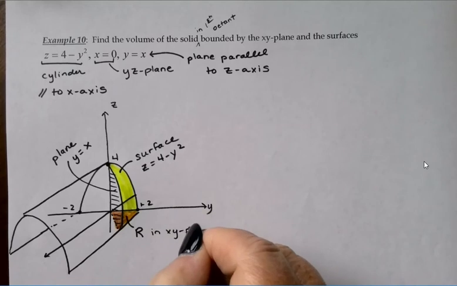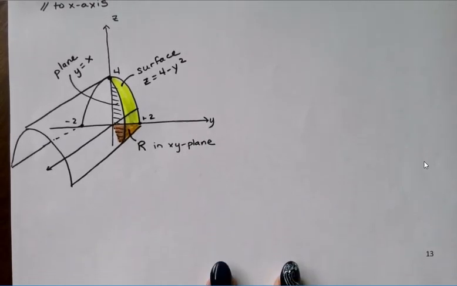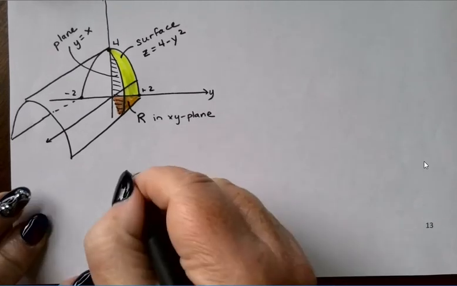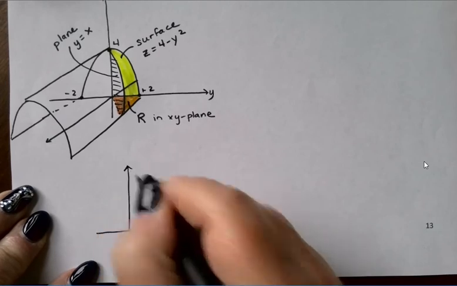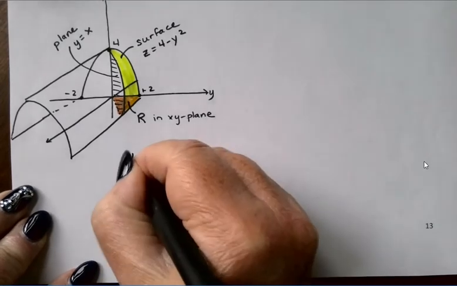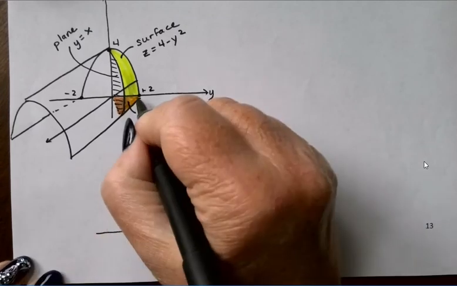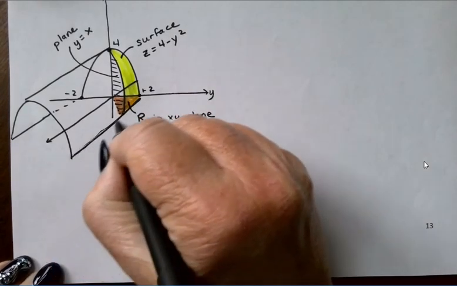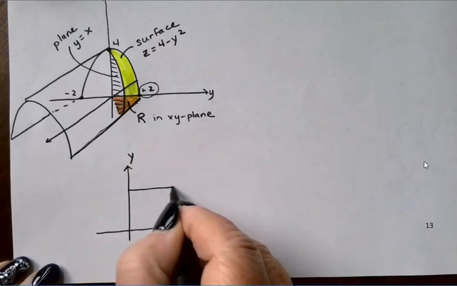in the xy plane. R is going to be really important because R is what determines my limits of integration. So I often then take a moment and redraw R all by itself, just in the xy plane. So as I'm looking at the R here, notice that this line right here is y equals 2.